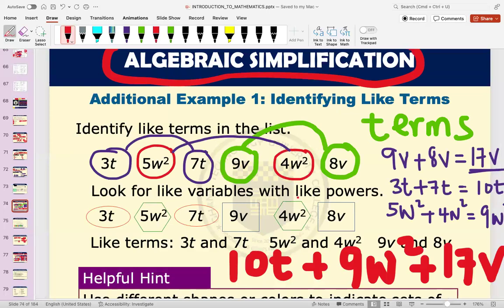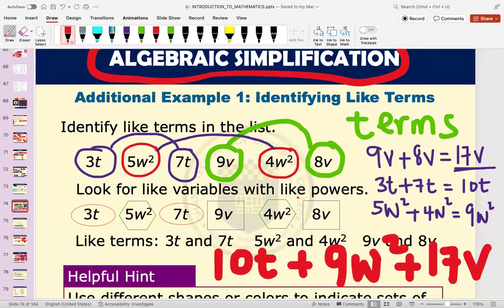So when it comes to this side, I was thinking maybe, let's say 3t and then 7t. Then we have 3t plus 7t equal to 10t. So nothing happens to the t.